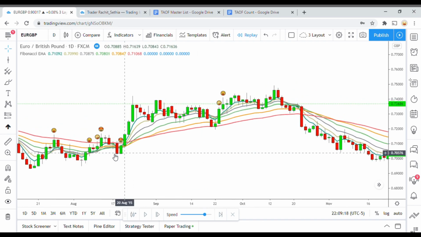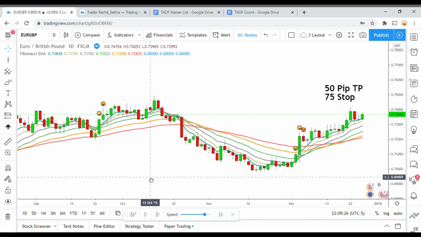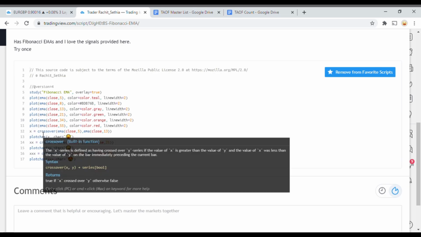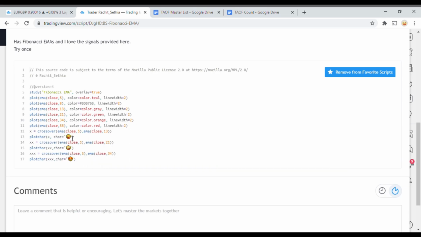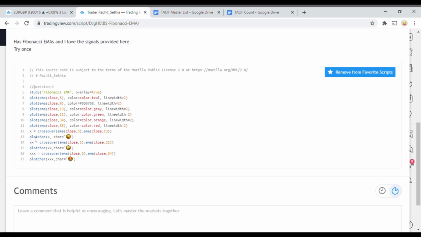And it does appear as though they are crosses of specific moving averages on specific periods. So let's jump to the code here just as an example. For example, the smiley face with the tongue sticking out appears to be a crossover of the 5 period crossing over the 13 period.